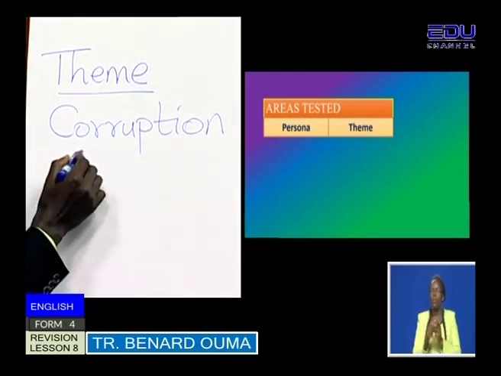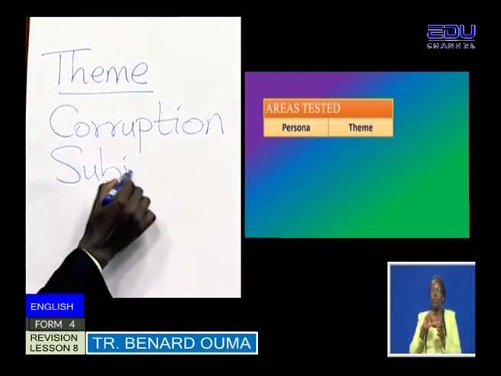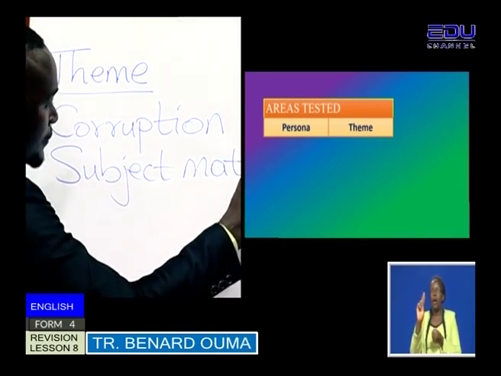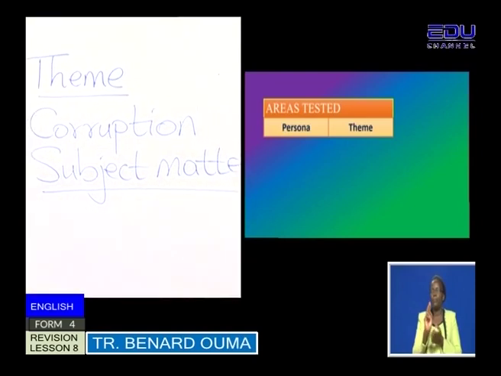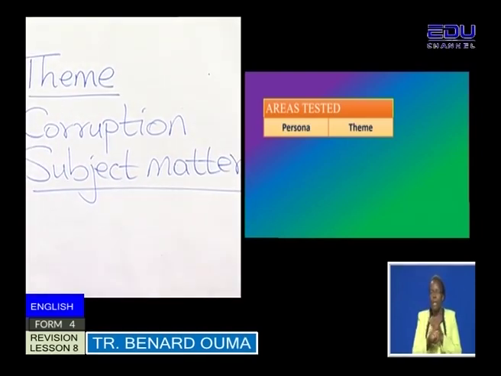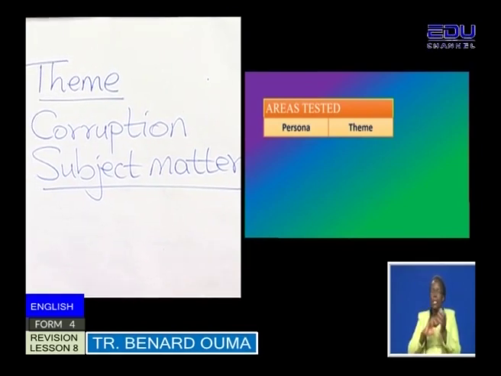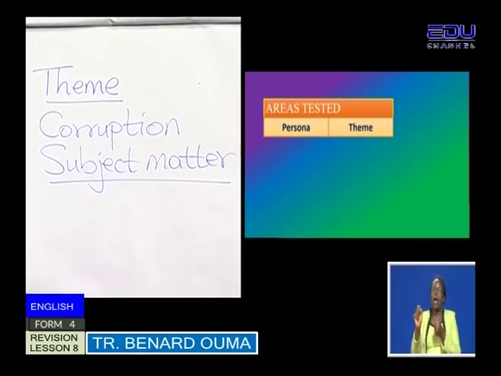But when we talk about subject matter, you simply explain what the poem is talking about. What is the subject matter of the poem is the same as what is the poem talking about.